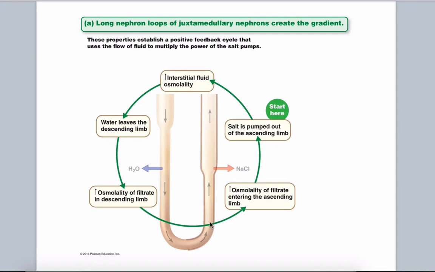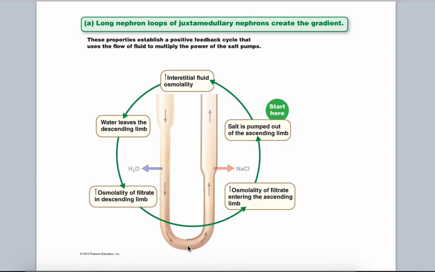Then as it goes up the limb, salt's pumped out, which increases the salt concentration of the interstitial fluid. On this side, because there's high salt outside, water leaves. As a result, the filtrate becomes more concentrated as it goes down to the bottom.